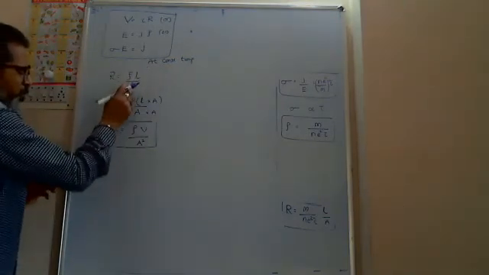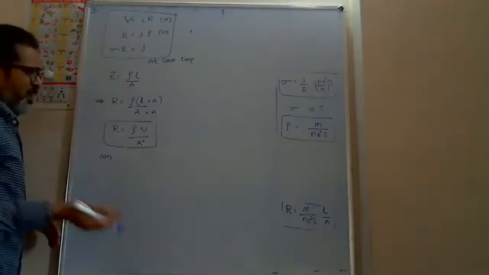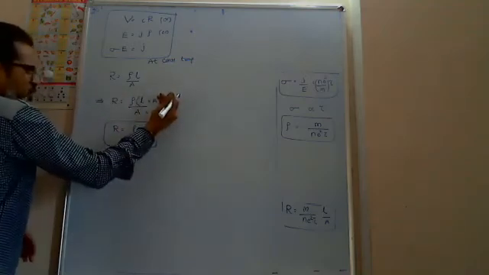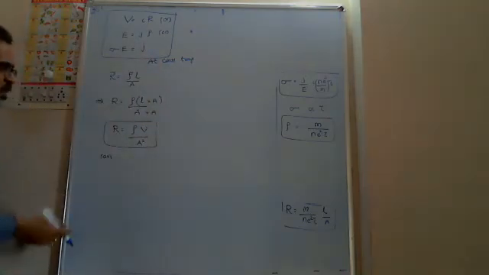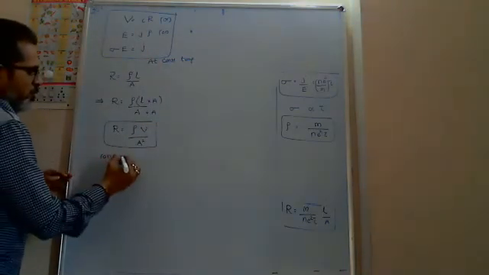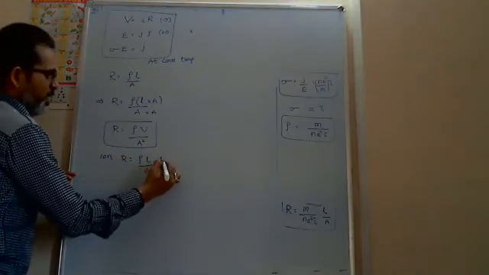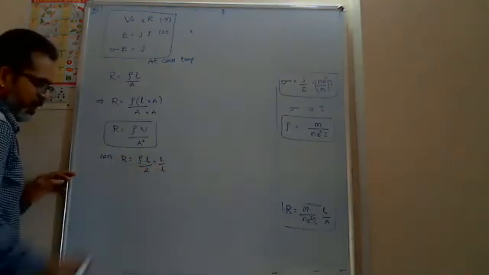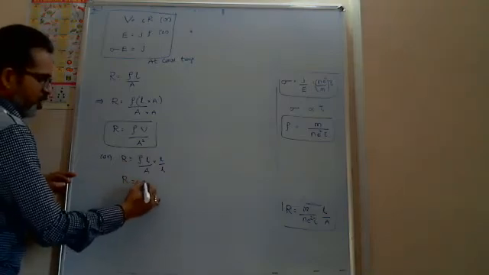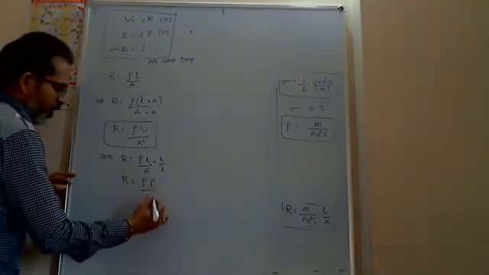Length and area are two variables. Then you may argue, why should I multiply with area only, sir? Why not with length? Yes, you can multiply with length also. R is equal to rho L by A, multiply and divide with length. Then you will get R is equal to rho L square by volume.